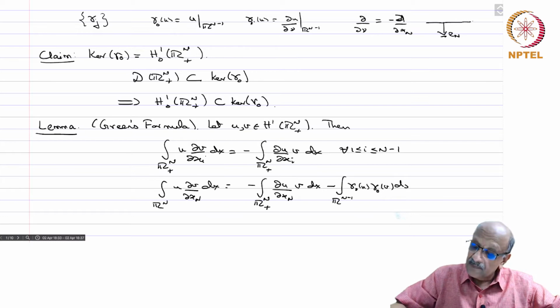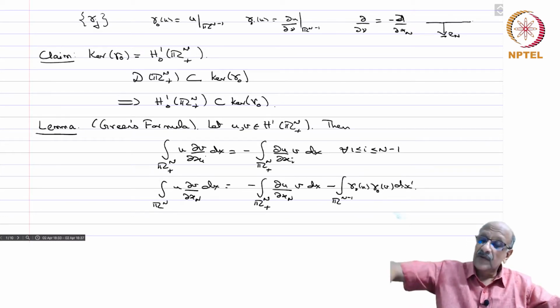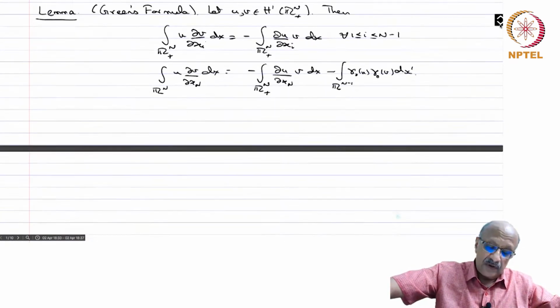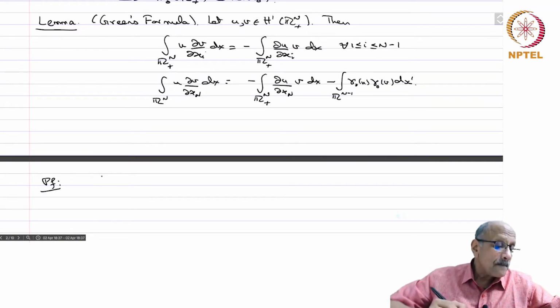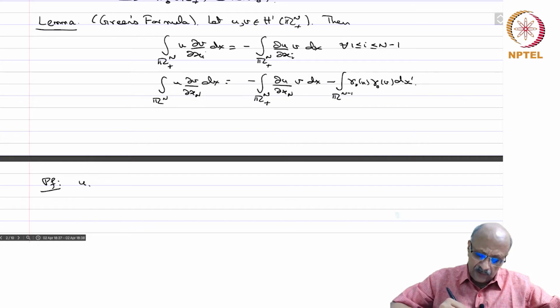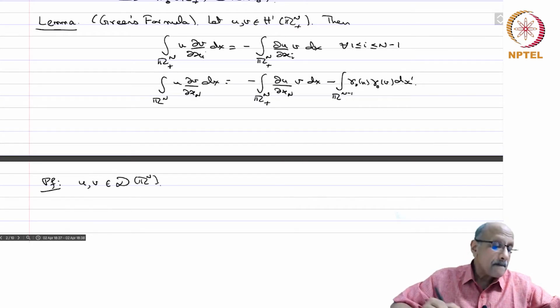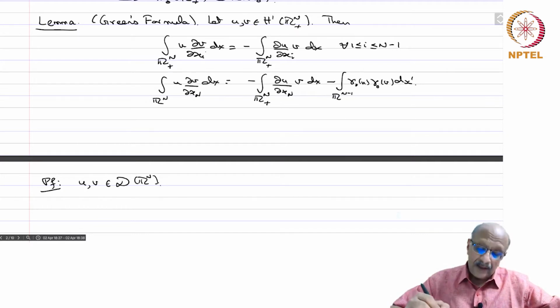Okay, so this is the Green's formula. Proof: let u, v belong to D of R^n. Then both these relationships follow by integration by parts.